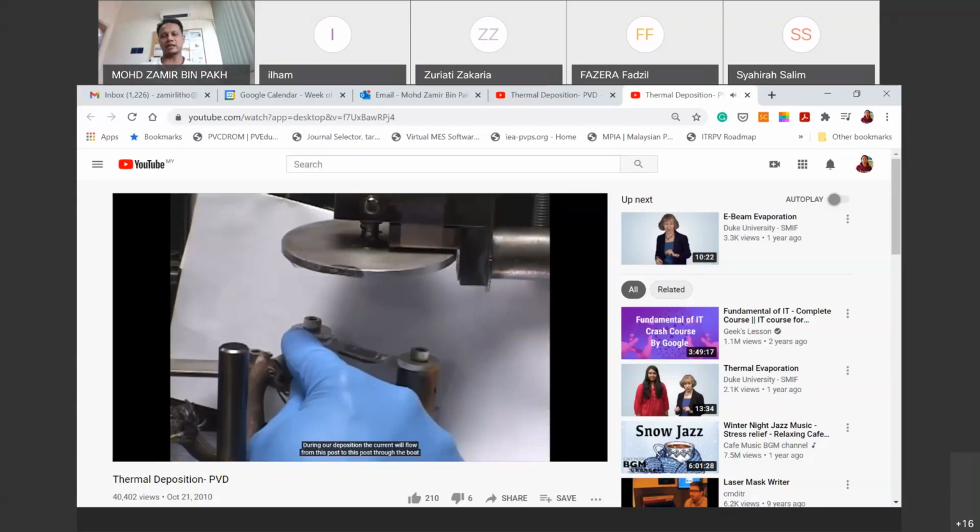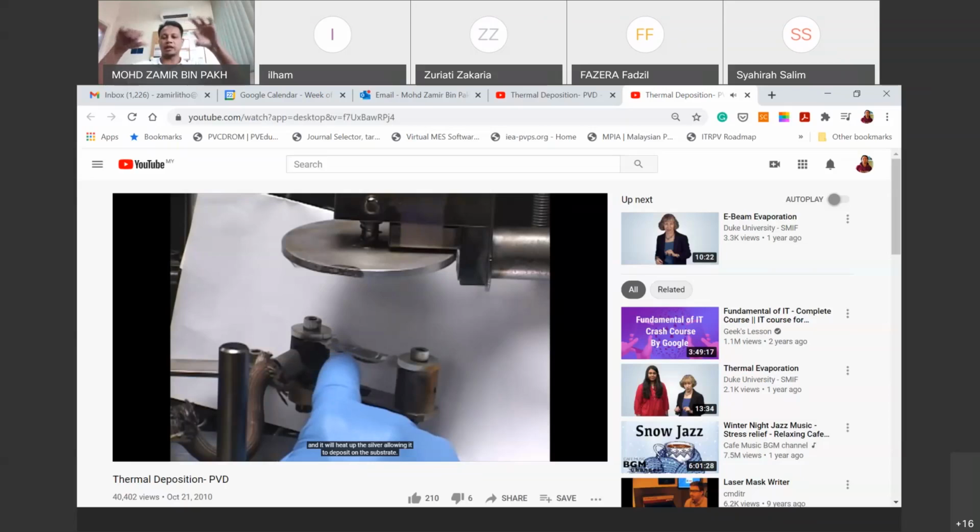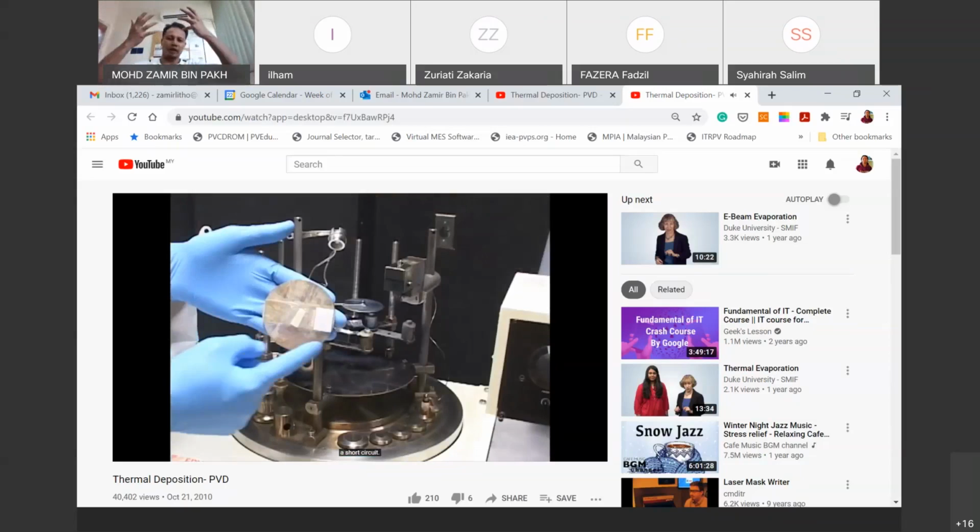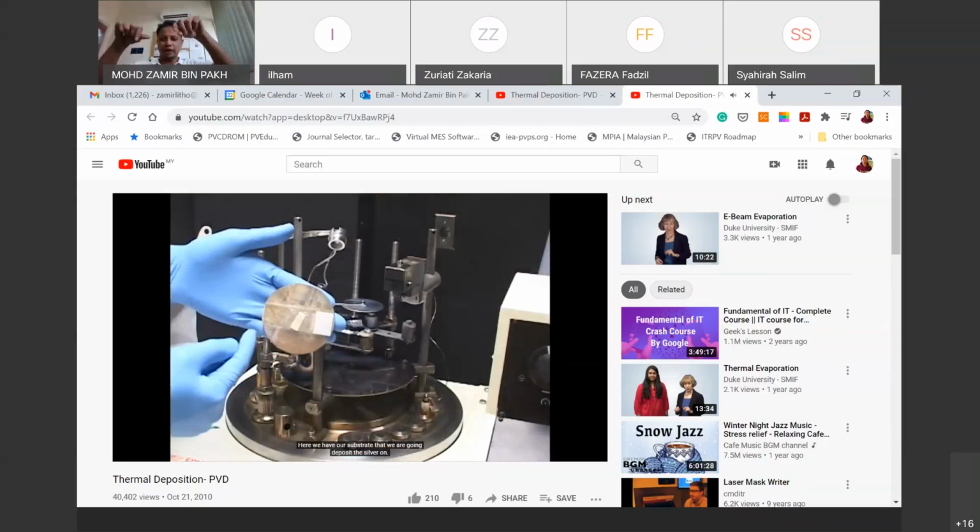That is a bad sign because it means your connection is not tight enough. You have pumped down from atmospheric pressure to 10^-5 for half an hour, 1 hour, and then suddenly no current passes through, and you wasted like 1 hour, and then you need to vent again just to make sure that you retighten and the connection is proper.